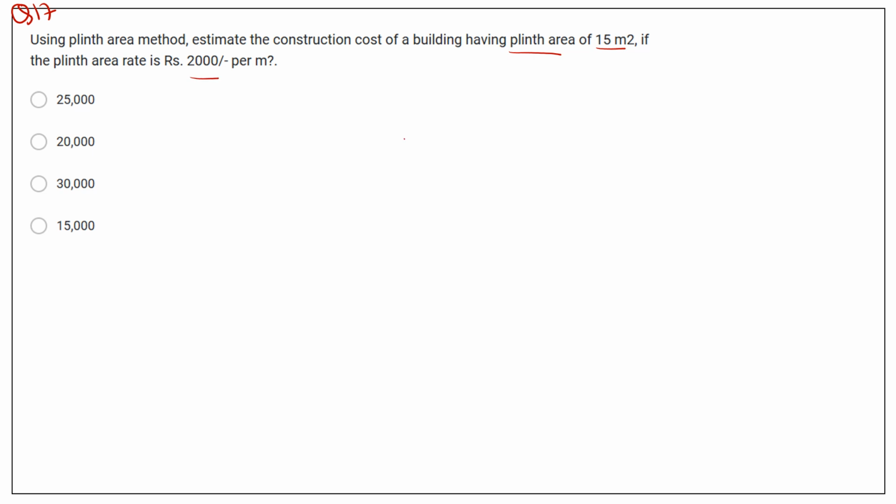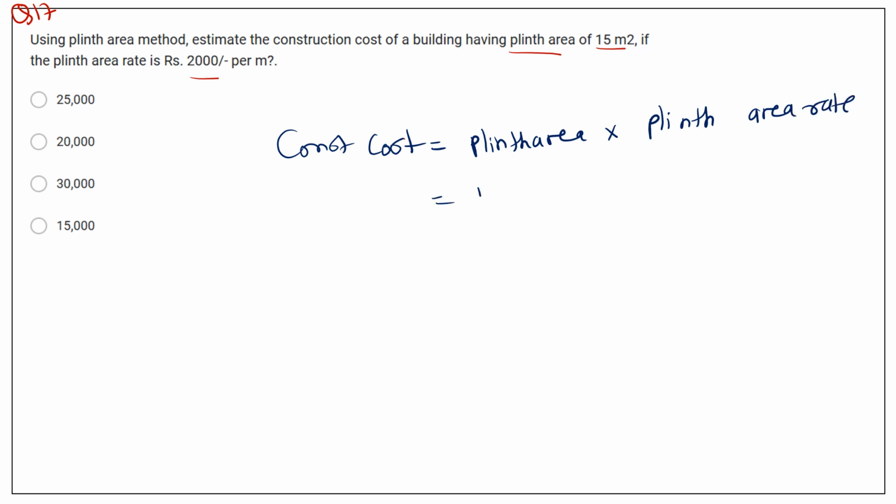To find the construction cost, the formula is construction cost equals plinth area multiplied by plinth area rate. So here 15 meters square is the plinth area and 2000 is the plinth area rate. So the cost is 30,000. So option C is correct, 30,000.